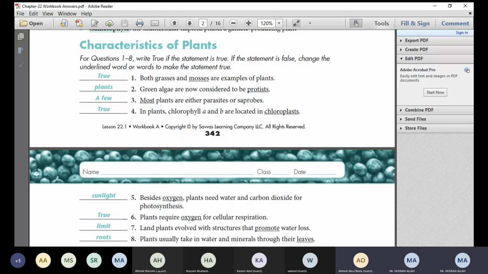7, land plants evolved with a structure that promotes water loss. No, that limits or reduces water loss. 8, plants usually take in water and minerals through their leaves. No, through their roots. Through their leaves, transpiration will occur, so water leaves. Questions 9 to 12: the ancestors of land plants lived in water.